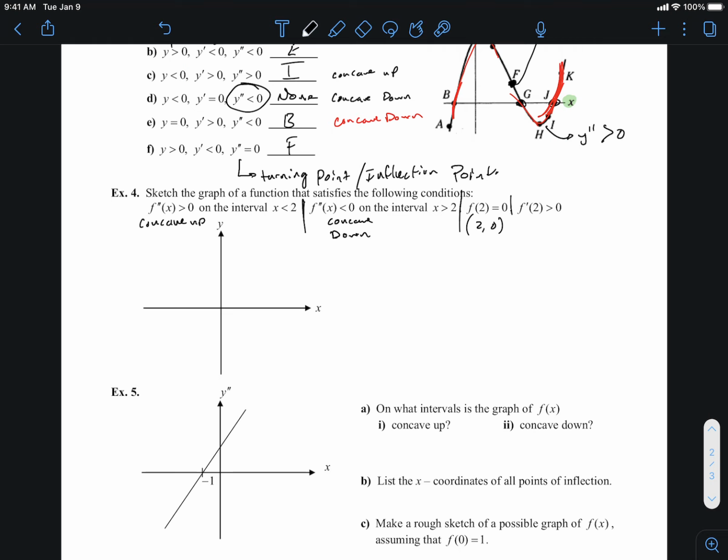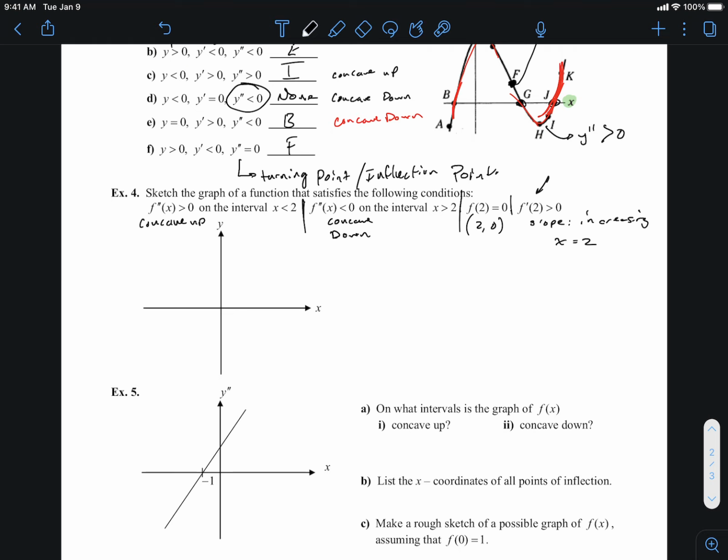And then we want the slope to be increasing. Everywhere that x is 2, it's going to be increasing.